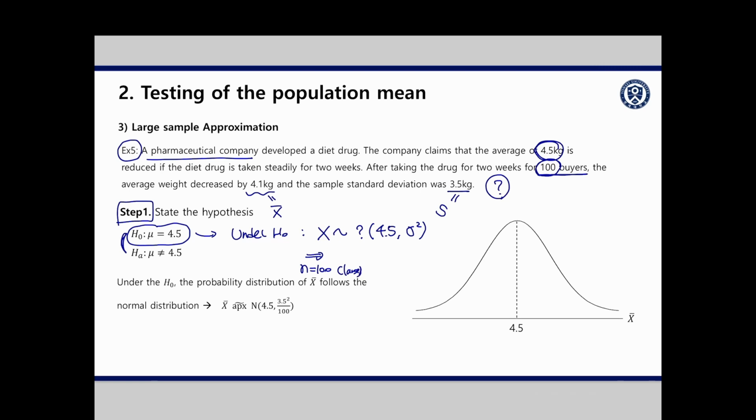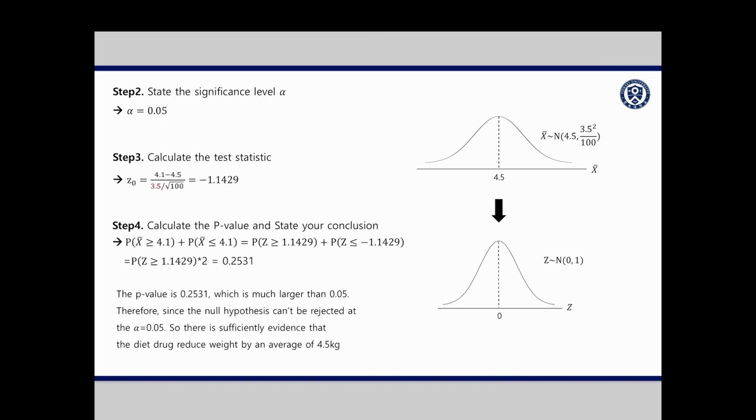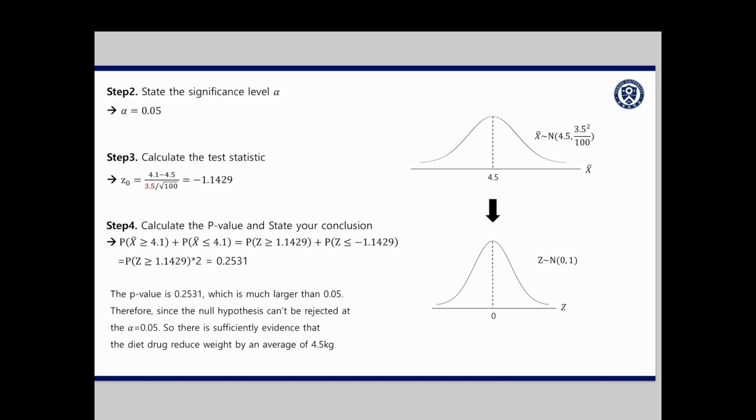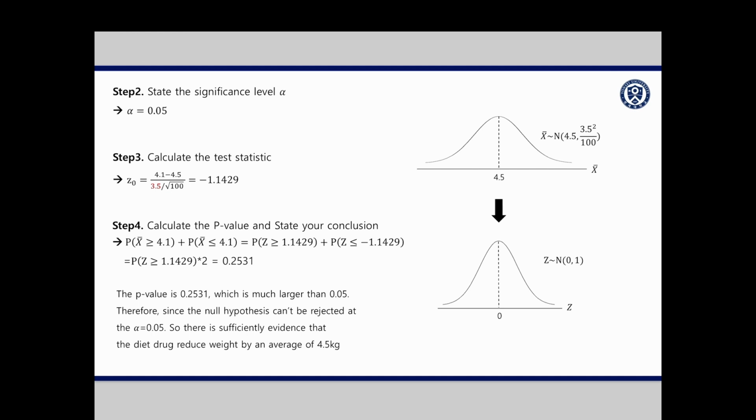We can apply the CLT, so X bar minus 4.25 divided by the sample standard deviation 3.5 kilograms over square root of 100 follows the standard normal distribution. And the significance level alpha is set to 0.05.